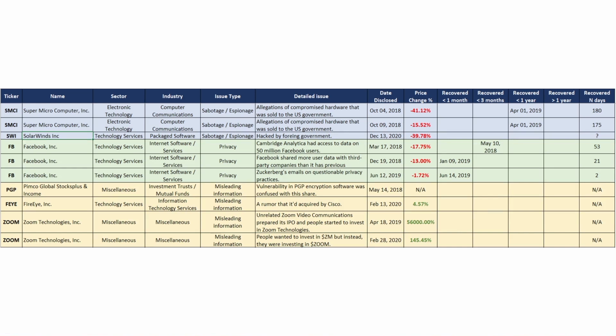When it comes to privacy, you will also see big drops, minus 17%, minus 13%, and the recoveries depend, of course, on the impact of the hack or the problem. We still don't know when SolarWinds will recover, probably in less than 1 year. If you see the graph I showed before, the recovery of SolarWinds is like 30% now from its lowest levels, if you see the gap.